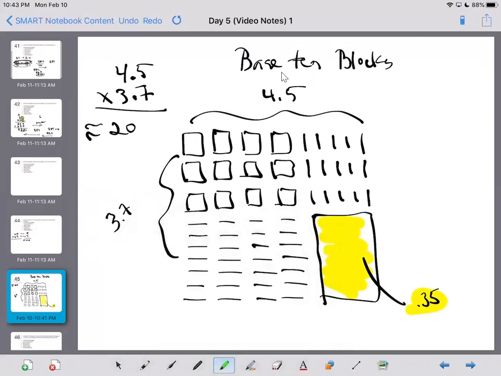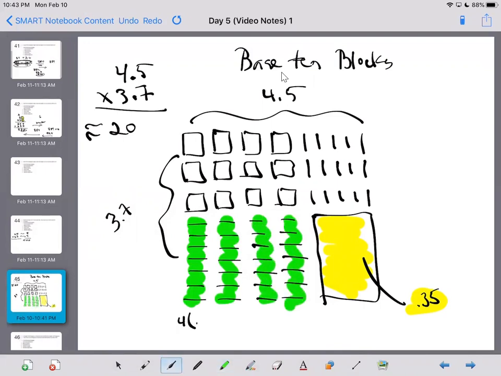Okay, so what's next? We've got all of these, right? Well, that's 7. We got 4 groups of 7/10. 4 groups of 7/10 would be 2 8/10. And then here I've got 5, 10, we've got 15 tenths, or 1 5/10.